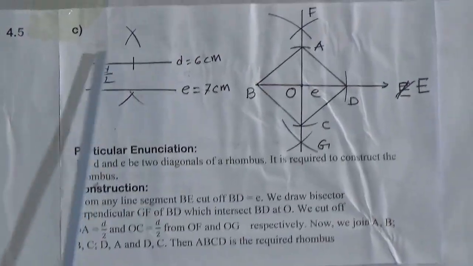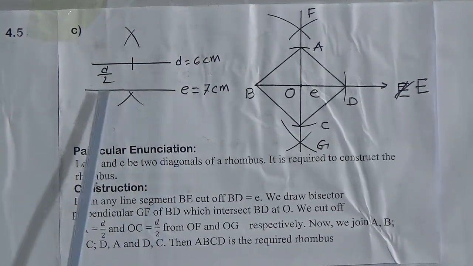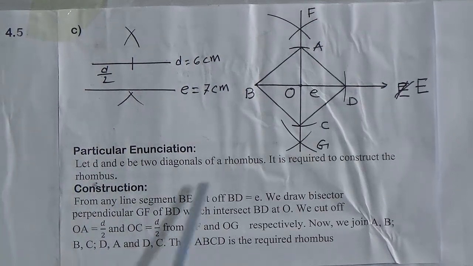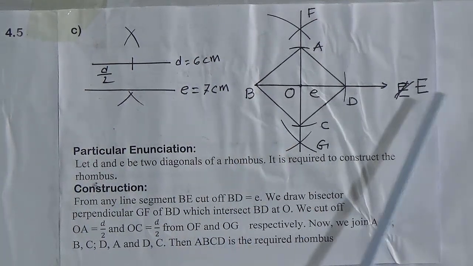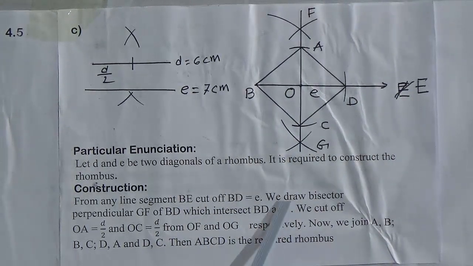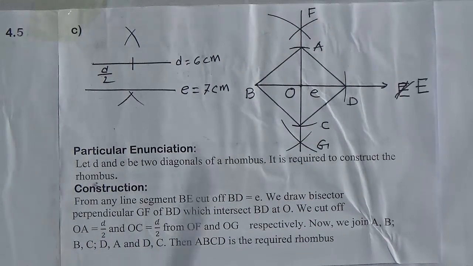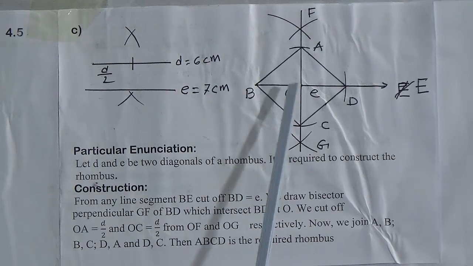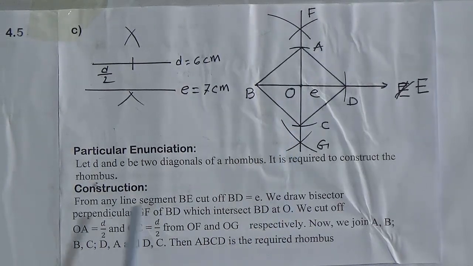And C number, this is diagonal and we have to bisect this diagonal. This is also diagonal. Look, from any line segment BE, we cut off BD equal to e. We draw the bisector FG on BD. We cut off OA equal to d by 2.